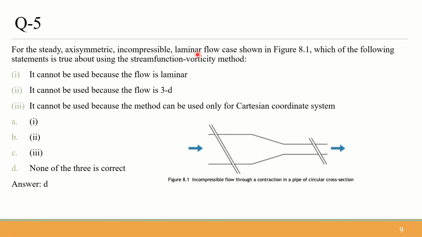Option 1, it cannot be used because the flow is laminar. Option 2, it cannot be used because the flow is 3D. And third, it cannot be used because the method can only be used for the Cartesian coordinate system. Of these three statements, there is one statement which is logically or technically right when it is concerned with the stream function vorticity approach, but it is false with regards to figure 8.1.